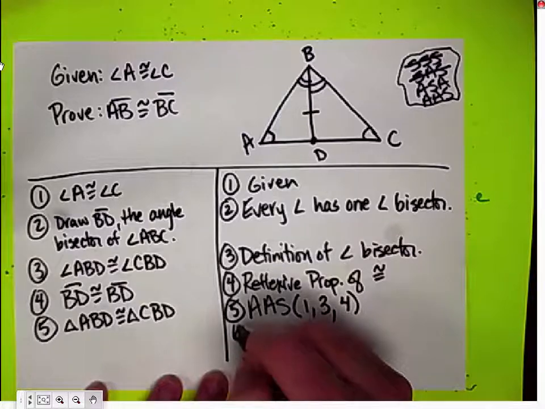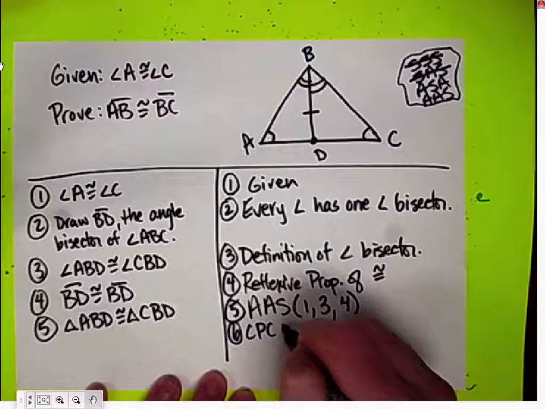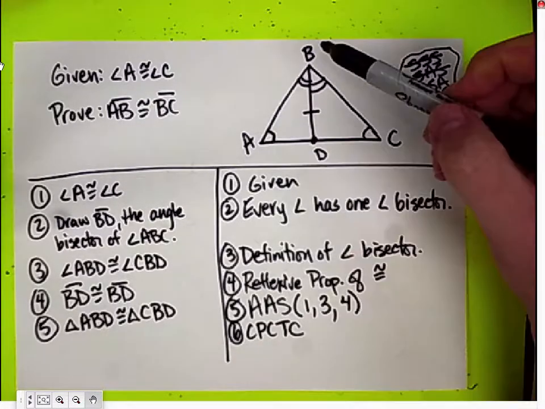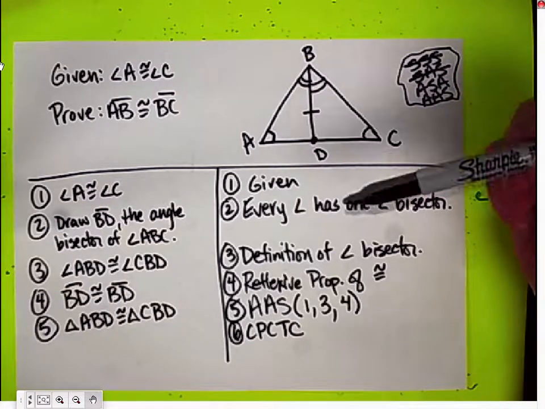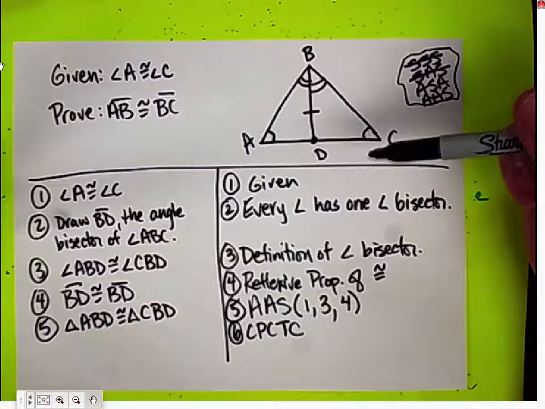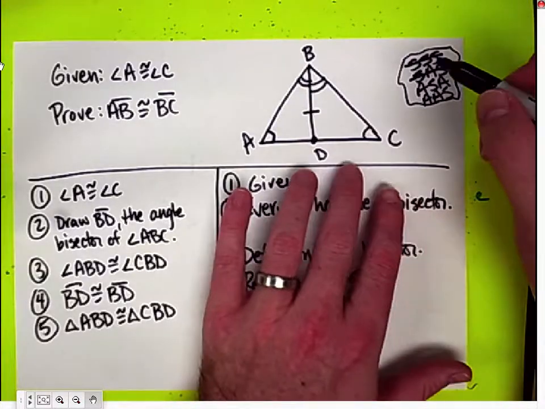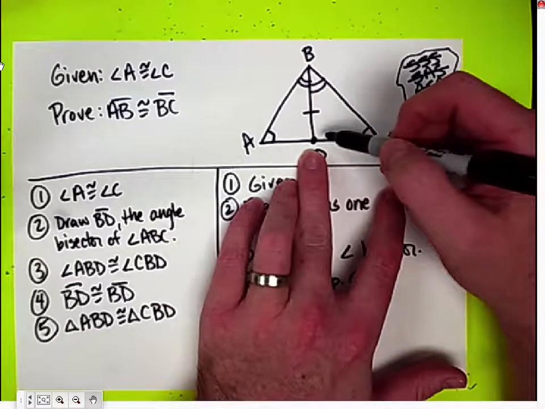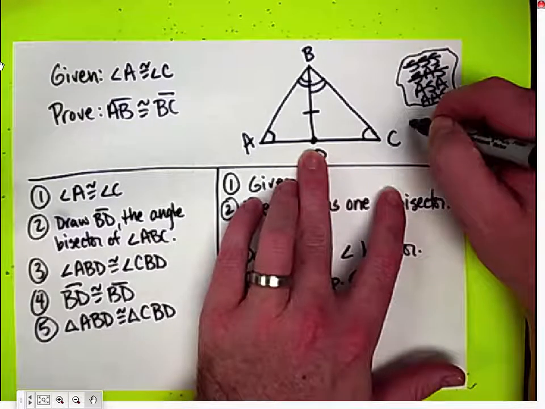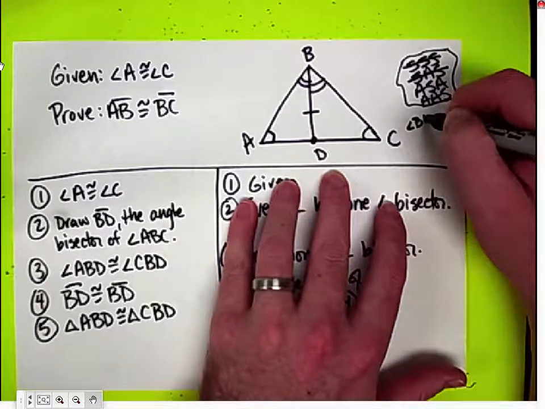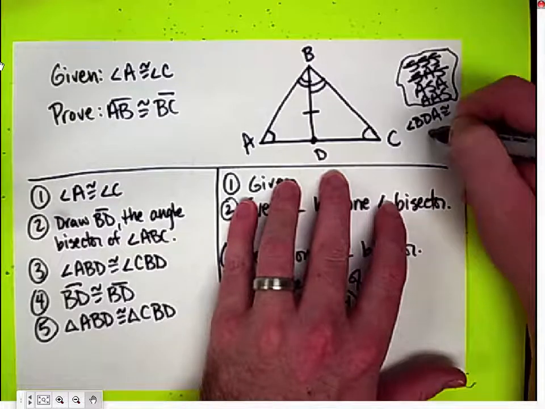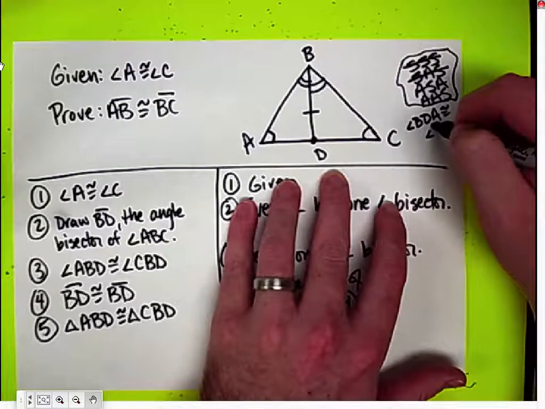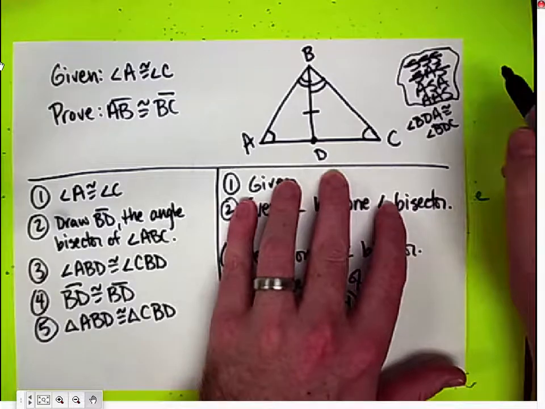So the next reason has to be CPCTC. Now we've proven two angles and a side. So what are our choices for the CPCTC? We can say the third pair of angles are congruent, so we could say that angle BDA is congruent to angle BDC. Is that what we need?